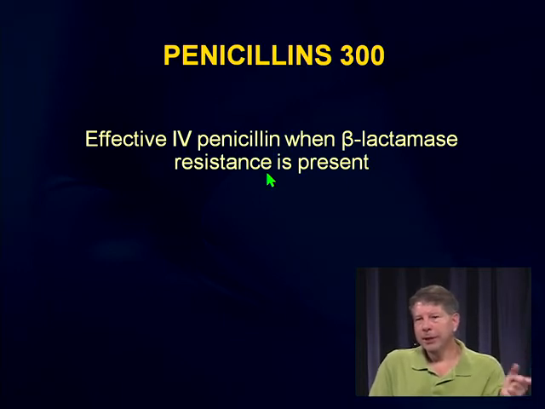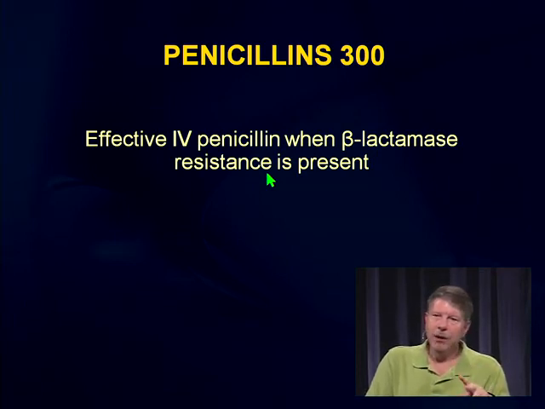Zosyn is piperacillin-tazobactam, Timentin is ticarcillin-clavulanic acid, and Unasyn is ampicillin-sulbactam. And that sulbactam, tazobactam, and clavulanic acid added on is just a beta-lactamase inhibitor. So the drug company got smart and said, okay, we'll just add this inhibitor to this antibiotic that used to work, and it'll work just great.